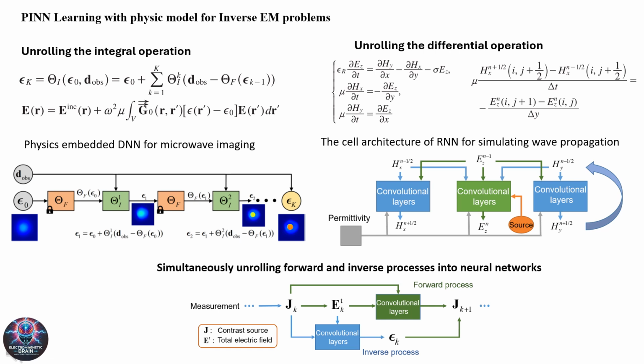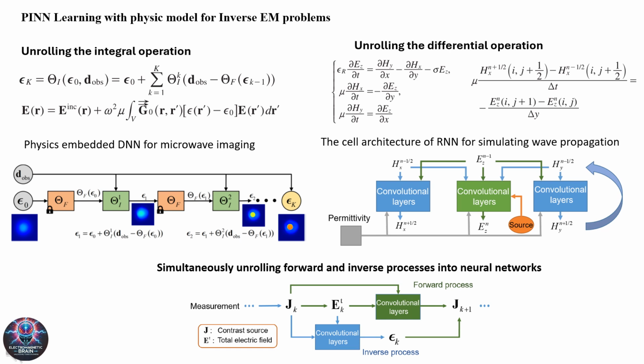The final output of the neural network is a reconstructed image of the brain's permittivity distribution, which provides critical insights into the brain's state, such as identifying whether a stroke has caused ischemia, blockage, or hemorrhage, bleeding. By embedding Maxwell's equations directly into the network, PINNs provide a robust framework for solving inverse EM problems like microwave brain imaging.